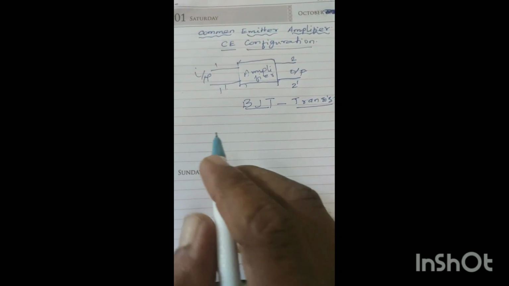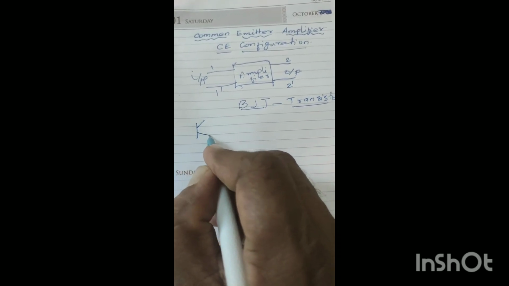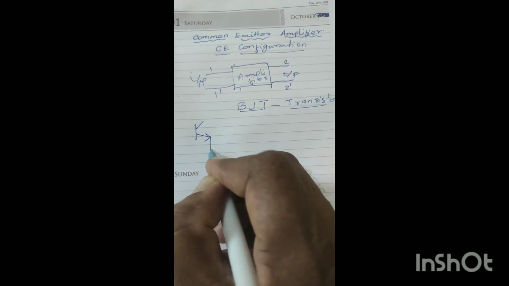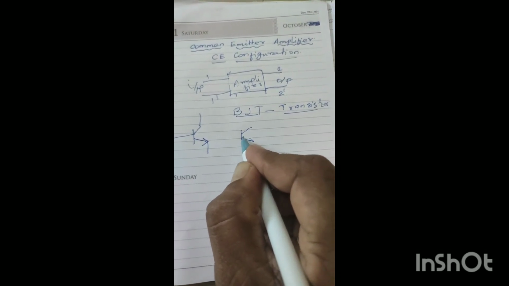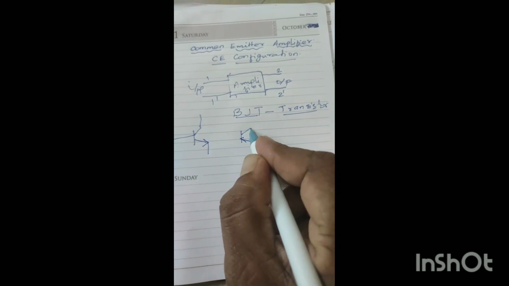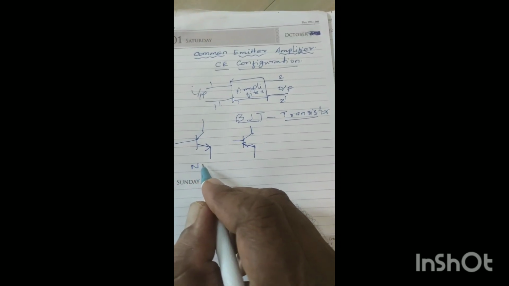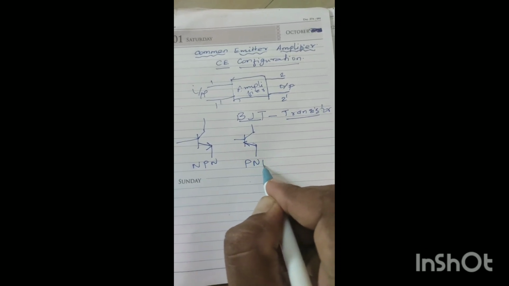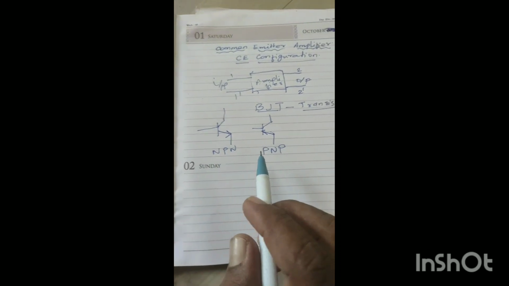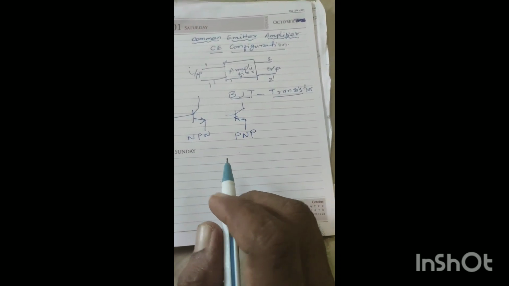The transistor BJT has 2 types: one is NPN transistor, another one is PNP transistor. So this is NPN transistor, this is PNP transistor.